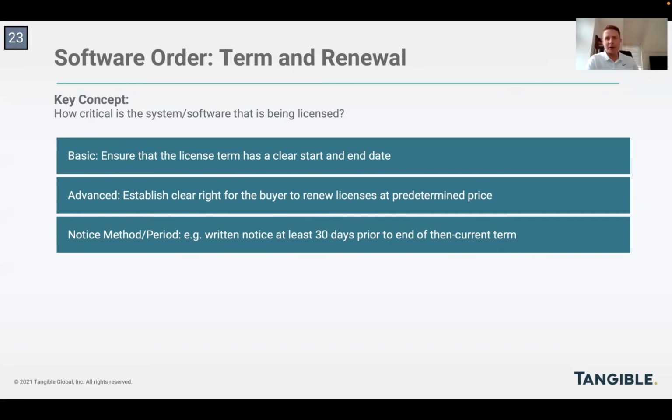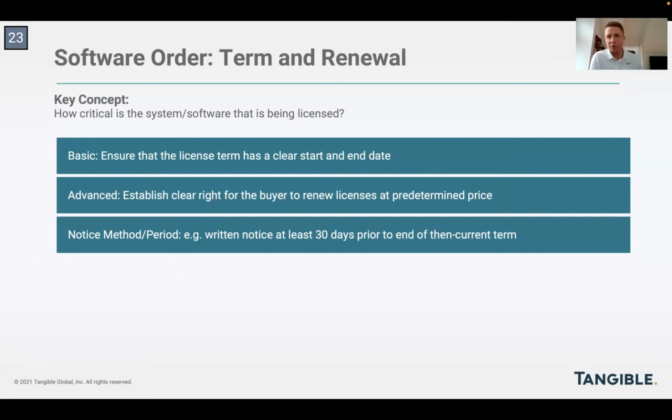So speaking of cycles and term dates, we arrive here to the topic of term and renewal for software orders. For software orders, this topic relates closely to our discussion of the importance of reviewing effective dates in the preamble. It also connects to Robert's discussion of work schedule dates and delivery dates for work orders.